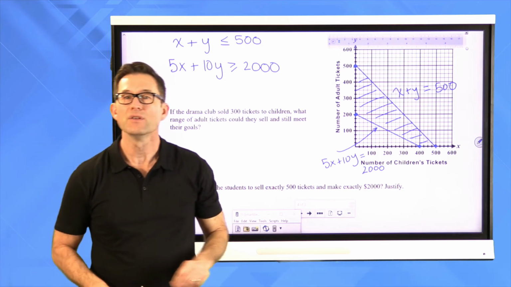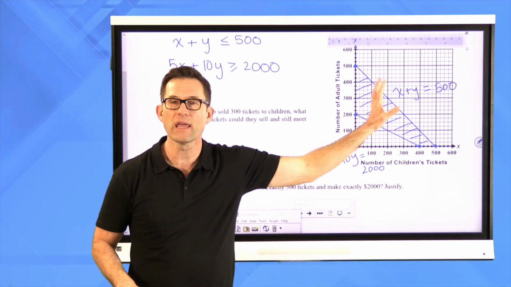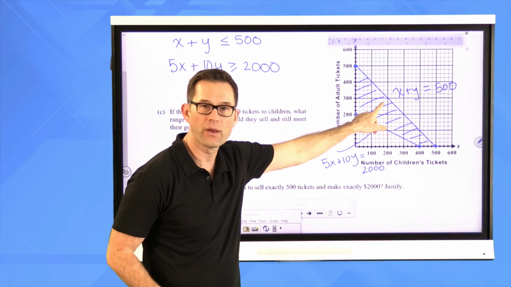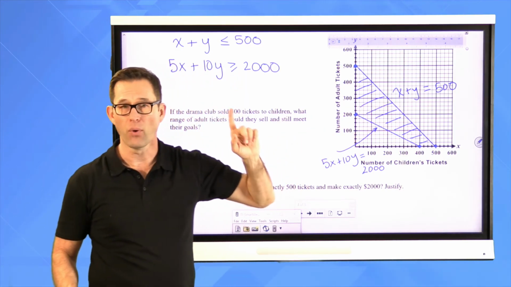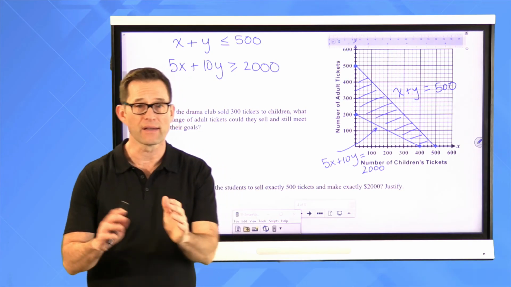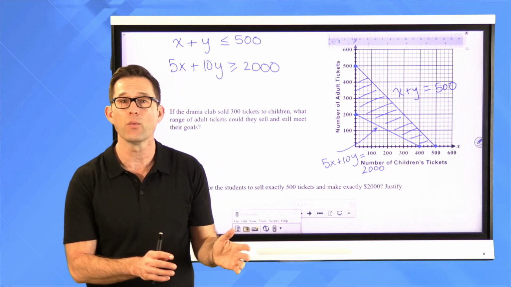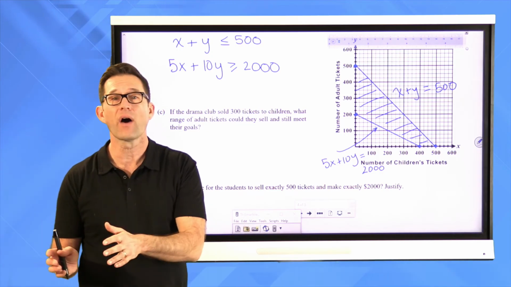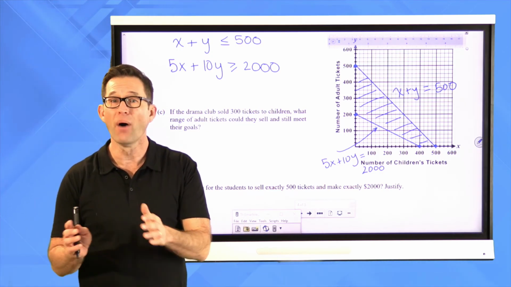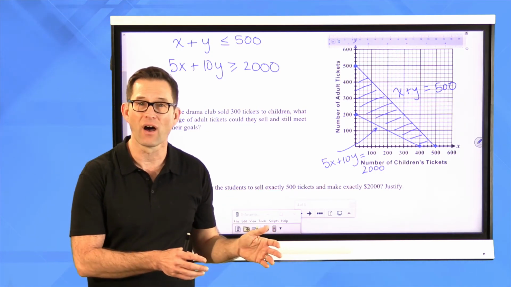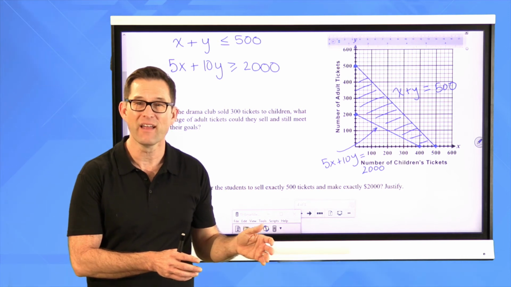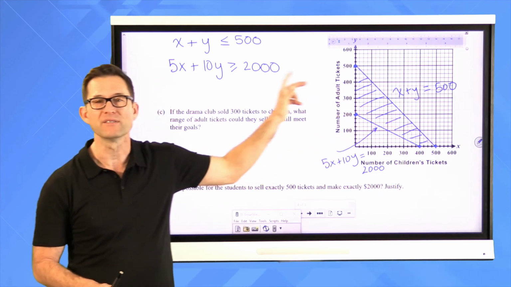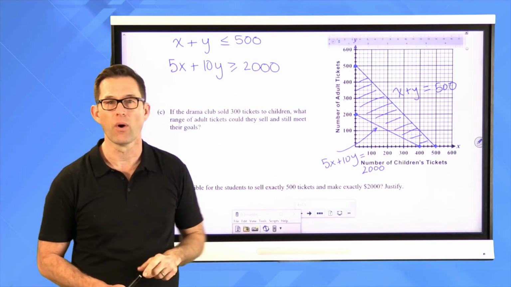Everything in that shaded region, anywhere I put my finger down, would give me a point where the x-coordinate would be kids' tickets and the y-coordinate would be adult tickets. That would be a point where less than 500 tickets were sold, but more than $2,000 were made. This is the viable region. Any point in here would be a solution to this set of inequalities.